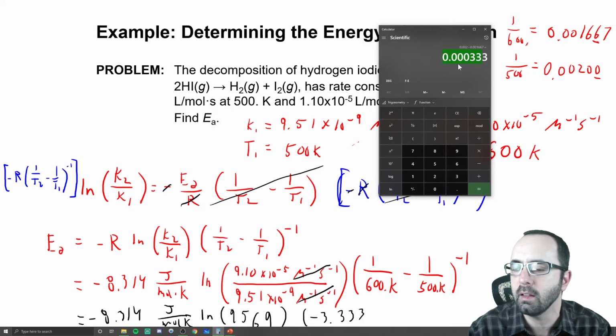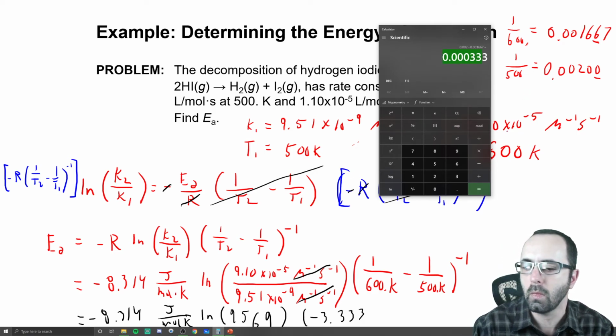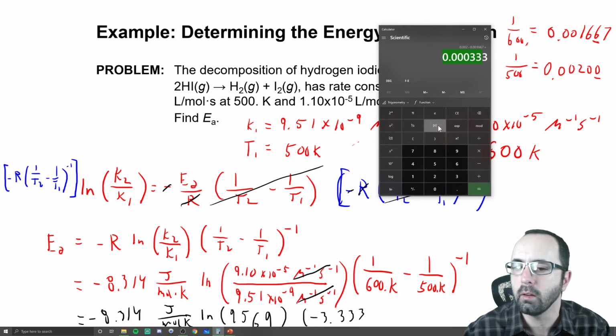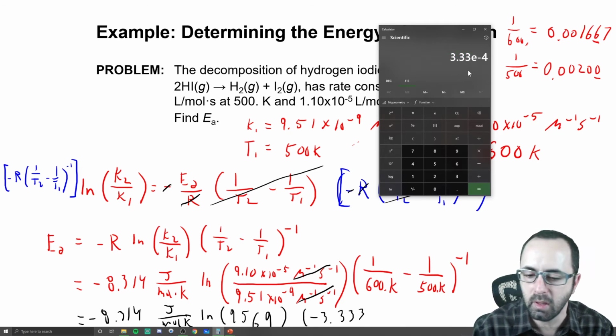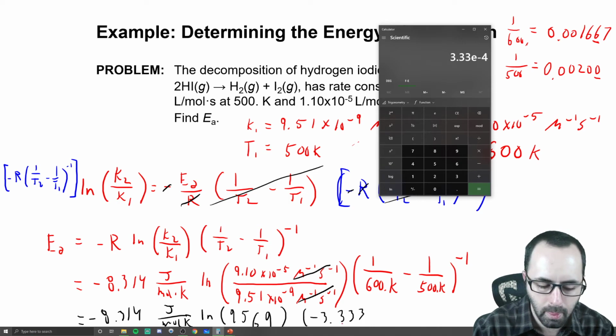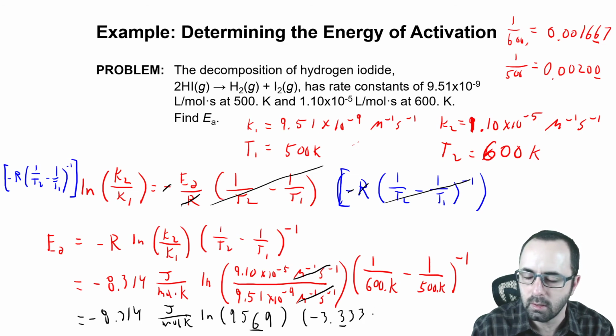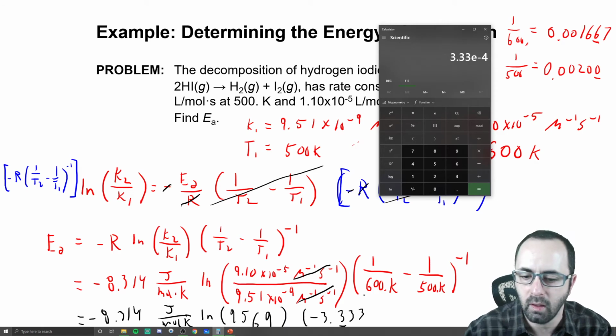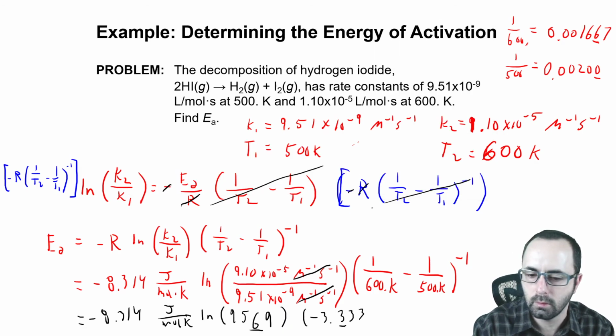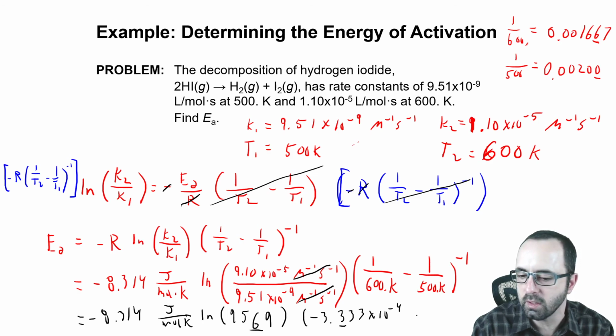So actually our last sig fig is this 3. If we convert that back to scientific notation, it's going to be the second 3. That is our last sig fig right there, times 10 to the minus 4. And our units are inverse Kelvins, Kelvin to the minus 1.